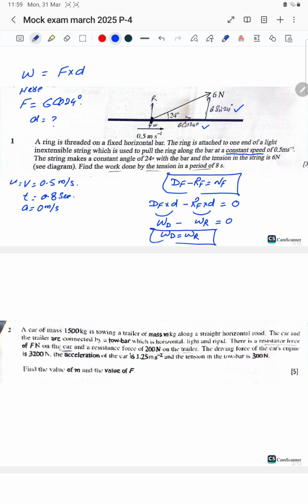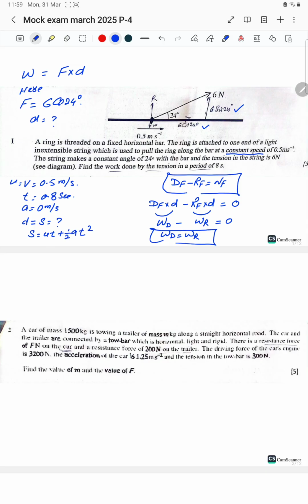For this formula I need to find d. What will be the d? d is S, and S is equal to ut plus half at square.